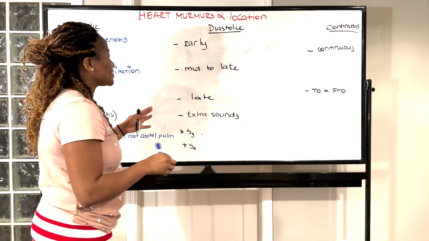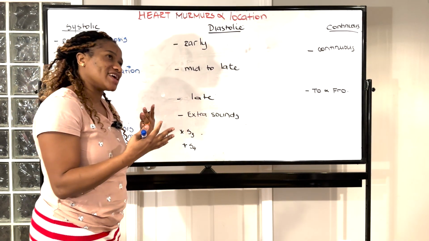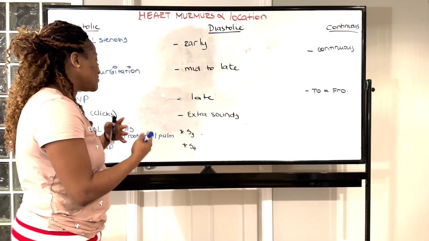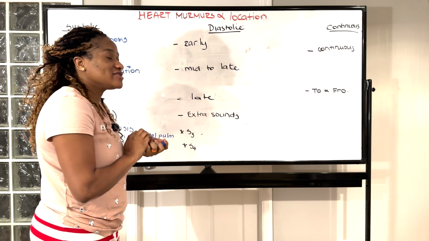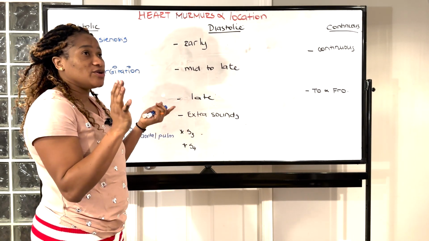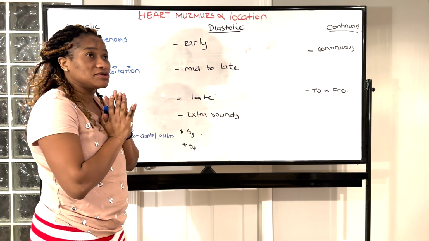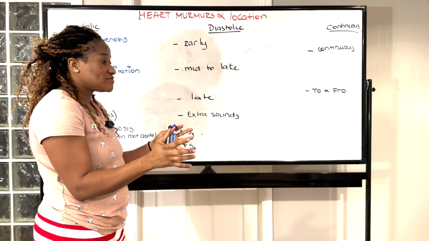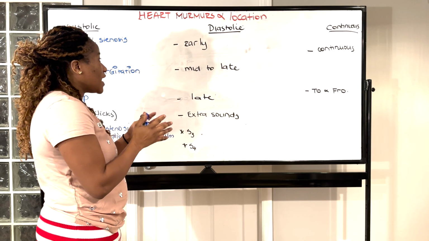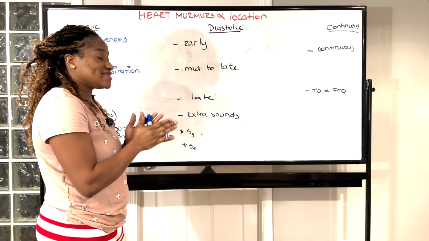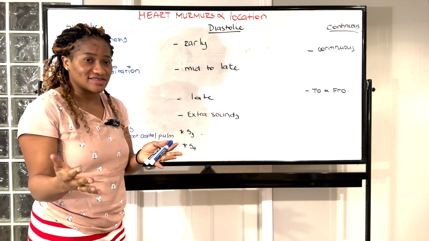So we can do this together as I'm going, just think in your head what could happen and what could be the answer. So during diastolic, early diastolic, what should happen? Your aortic and pulmonary valves should be closed while your mitral and tricuspid valves should be open. But this sound is going to happen during early diastolic. Diastolic is the continuation of systolic.